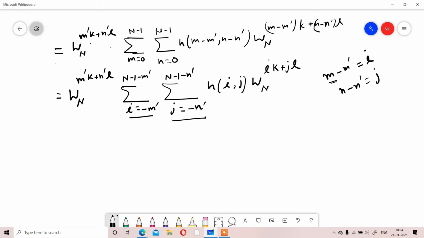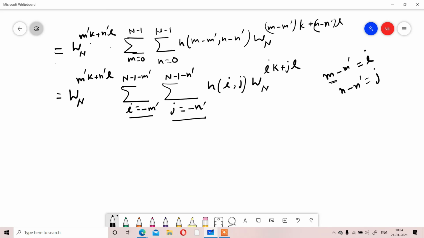If it is outside of the range, the circular convolution process will make it inside the range. So for the circular convolution process, i equal to minus m' to N-1 minus m', simply one shifting will happen and minus m' will be within the range 0 to N-1.